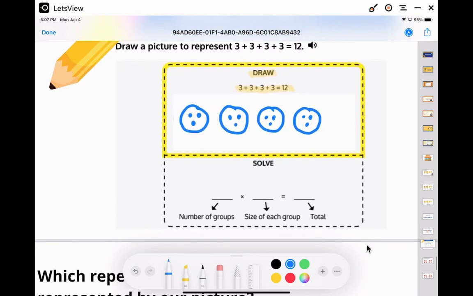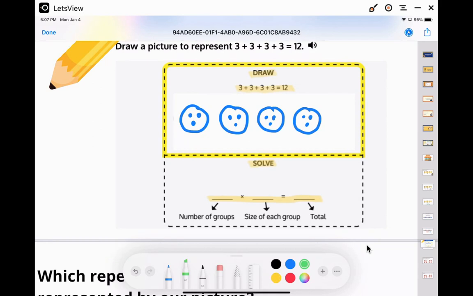Well, now let's go to the second part of our question. Now it's time to solve. I want you to write solve in your book, and then you are going to write the multiplication equation represented by our problem.